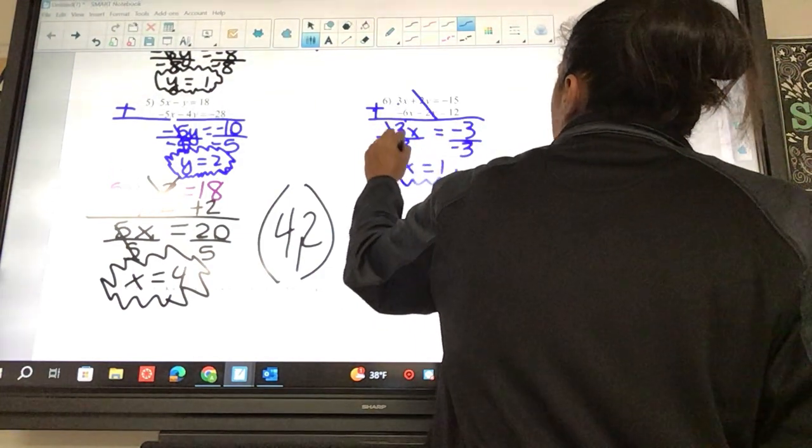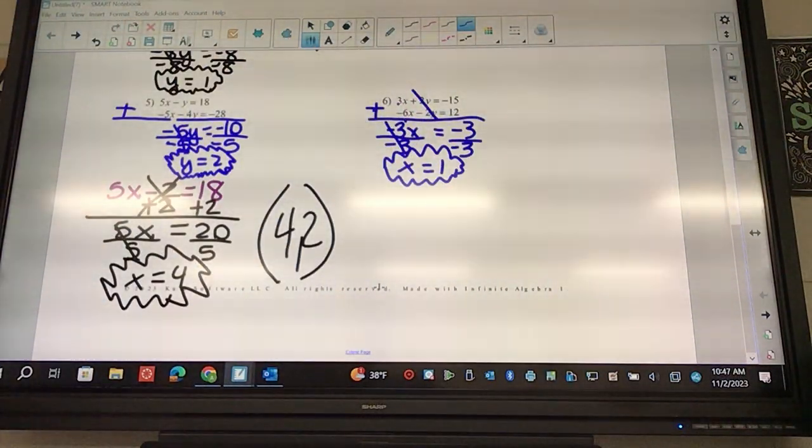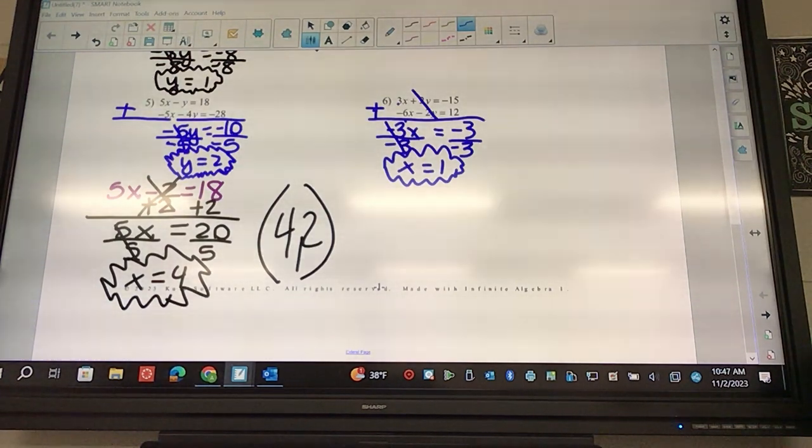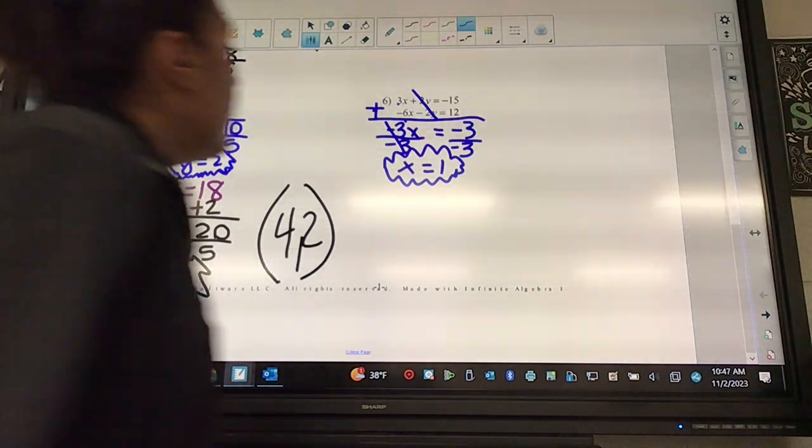Okay, so we're going to get x equals positive 1. And then we're going to plug that into one of our original equations. Which would you like to use, equation 1 or equation 2? Let's do 2.